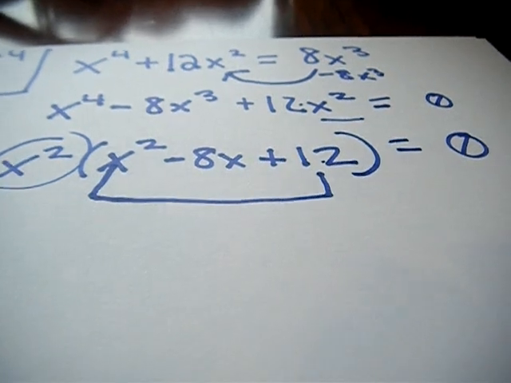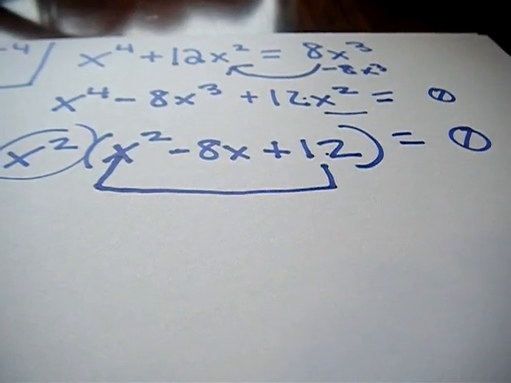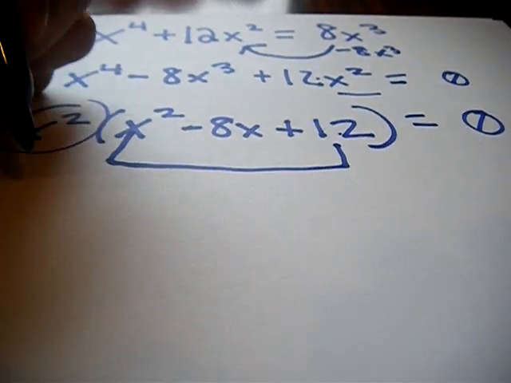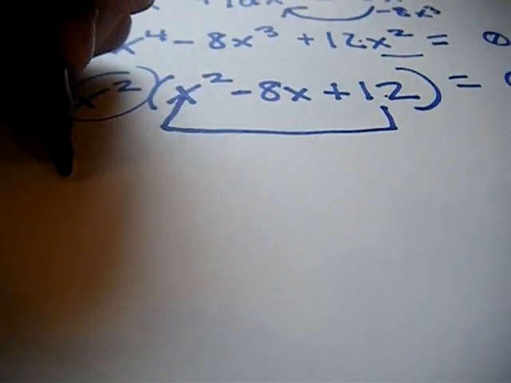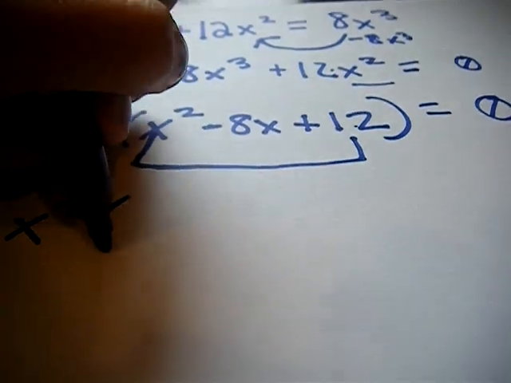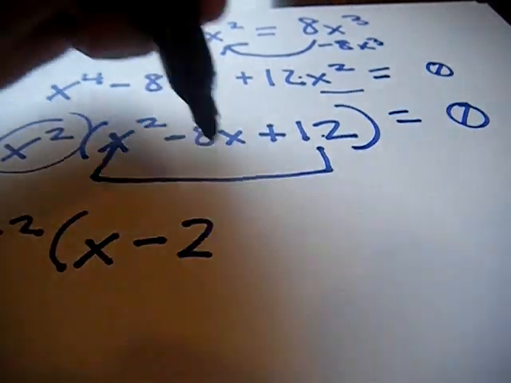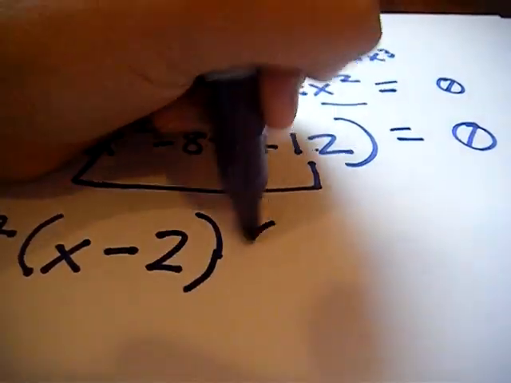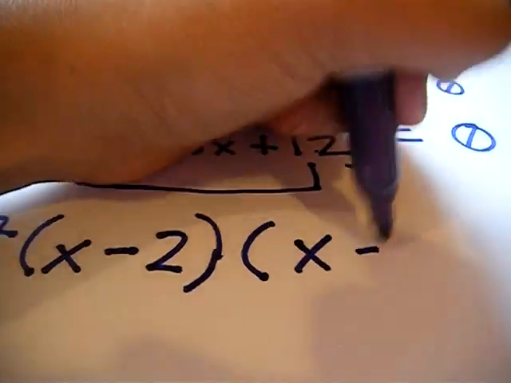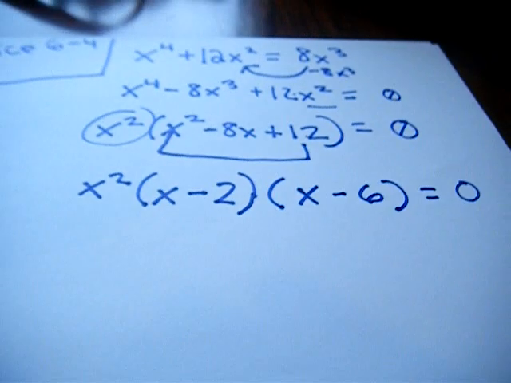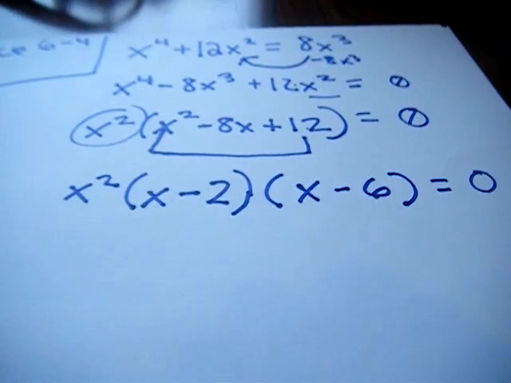And in this case, there would be negative 2 and negative 6. So then your new equation is x squared times the quantity of x minus 2 times x minus 6 is equal to 0. And now we can easily find our zeros.